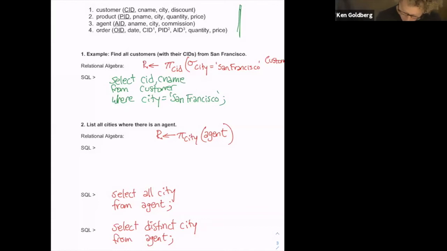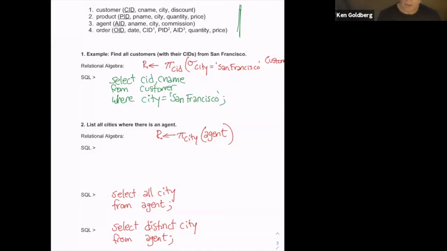Here's another example, where we use the project operator. The equivalent is to do this: select all cities from agent. The point of number 2 here was the distinction between all and distinct.